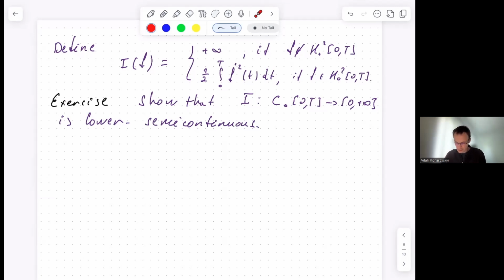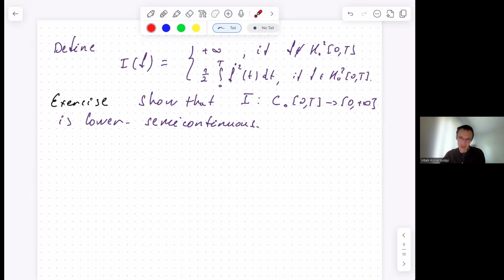Okay, good. Then our goal will be to show that if you have the large deviation principle with some rate function that is not necessarily lower semi-continuous, you can always build another function that is lower semi-continuous, and it is also the rate function for the given large deviation principle.